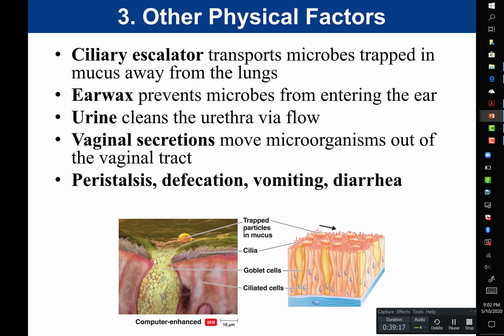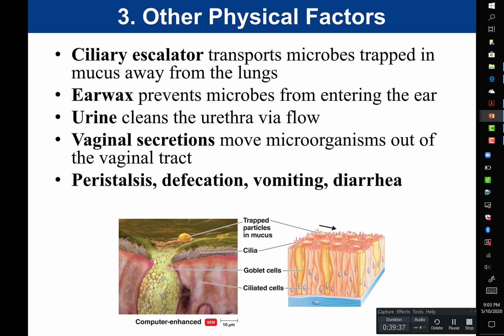So it's going to transport microbes trapped in mucus away from the lungs. And so the ciliary escalator, the cilia are going to beat, and it's going to cause the microbe to be pushed out of the body. Now, if you think about smoking, right?